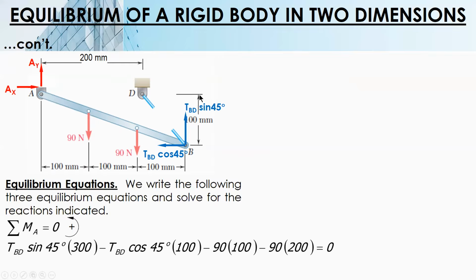For this one, TBD sine 45, the perpendicular distance of this force to A is 300. For this one, the perpendicular distance is 100. For the 90, it's 100. For this 90, it's 200.